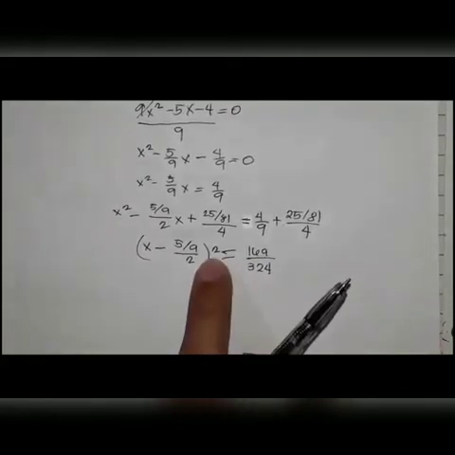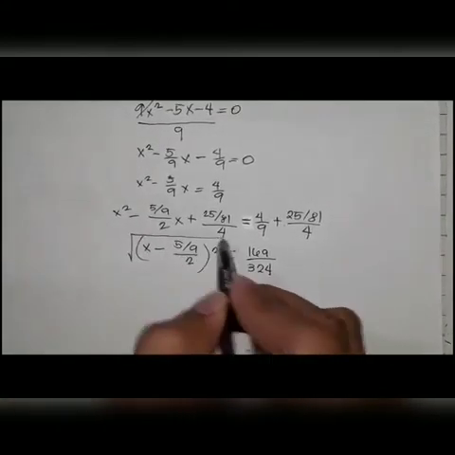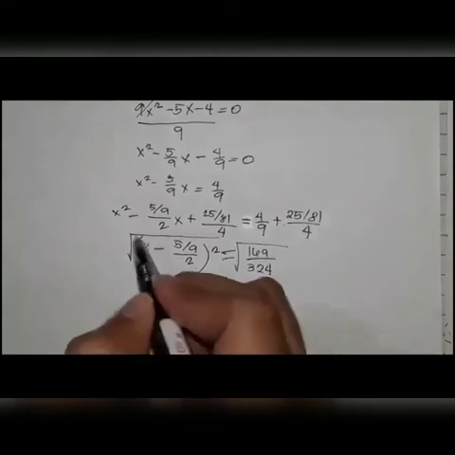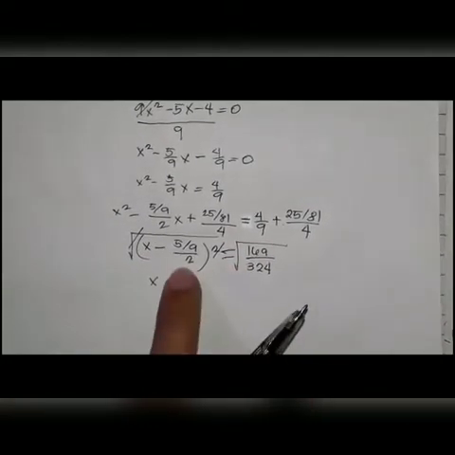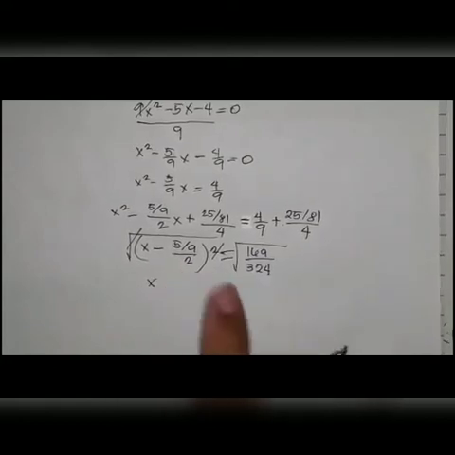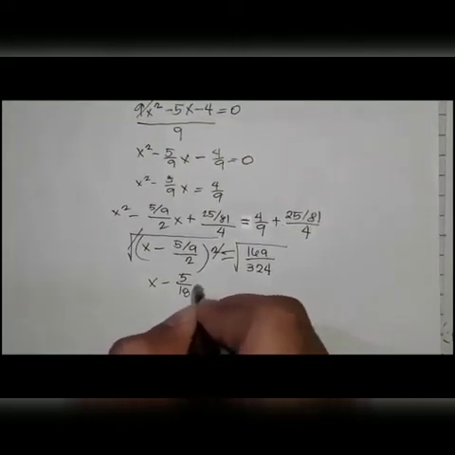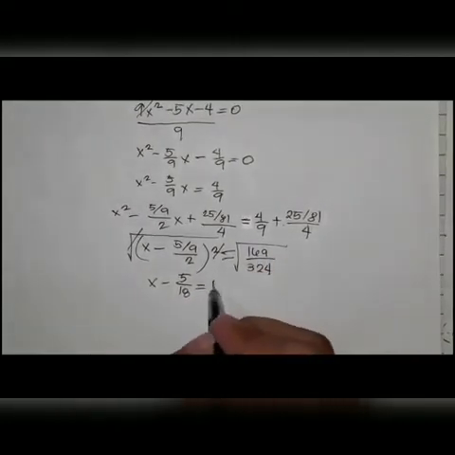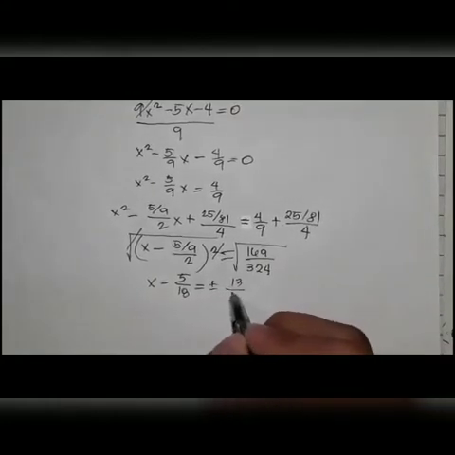In order for us to cancel this power, take the square root. So now you can input this on your calculator. This will become x minus 5 over 18 is equal to positive and negative 13 over 18.